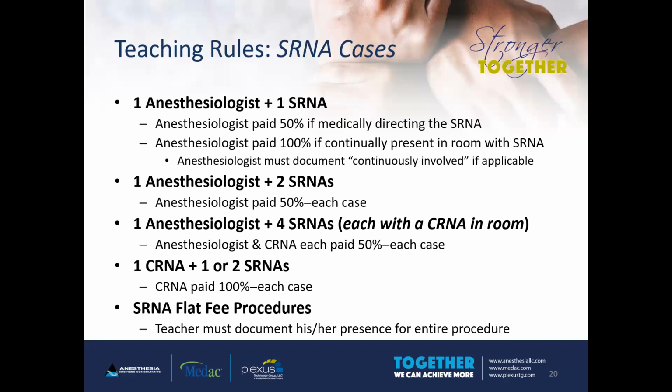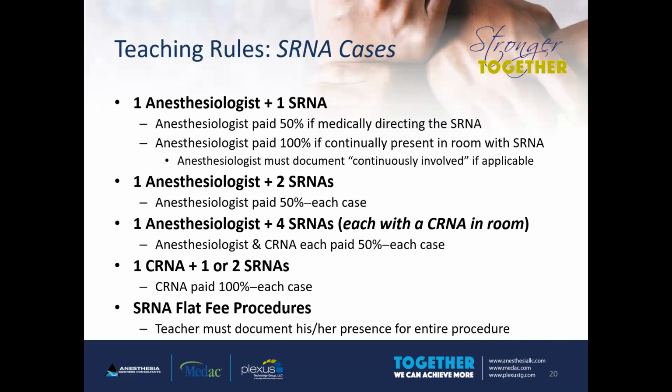But you must, in order to get paid at that rate, document continuously involved, if in fact you were. Now, if it's one anesthesiologist working with two SRNAs, you're basically medically directing those SRNAs and you get paid 50% on each case. However, if it's one anesthesiologist, let's say up to 4 SRNA rooms, but each room has a CRNA in the room, then you're basically medically directing the CRNAs who simply have SRNAs in the room.